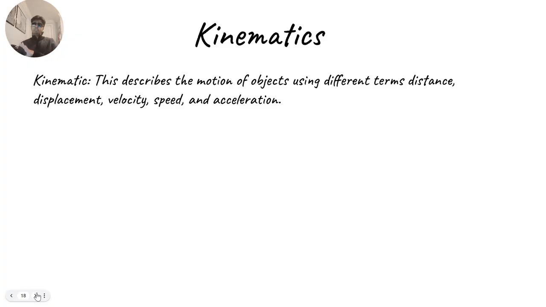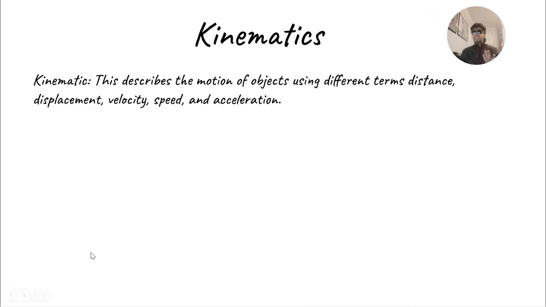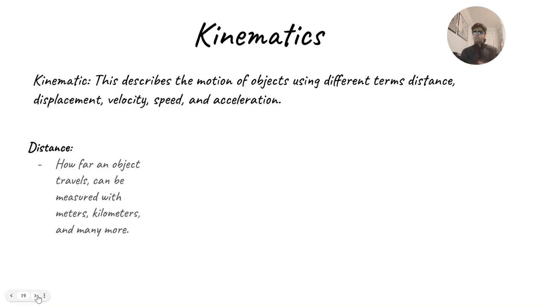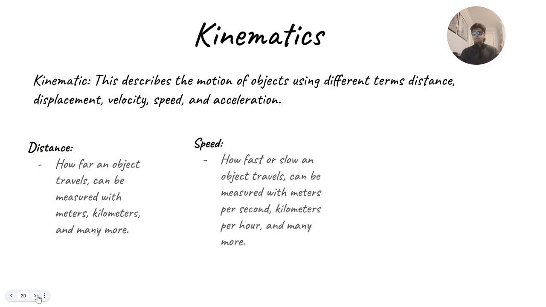Alright, let's define what is kinematics. Kinematics is essentially the motion of an object, and we use different terms like distance, displacement, velocity, speed, and acceleration. You may be wondering, what do these terms even mean? Distance is straightforward. It's how far an object travels. Speed is how fast an object travels.